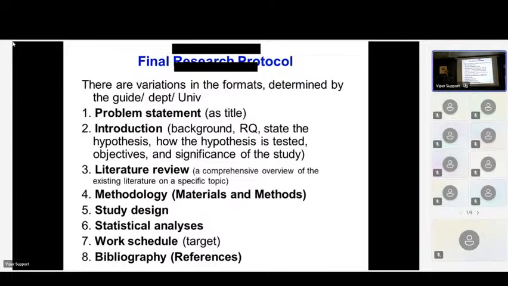The same thing will carry forward in your published papers also, where you put everything in the introduction, about 4 paragraphs, approximately a page. Then literature review, methodology, materials and methods, study design, the experimental study design. Based upon this design, you put the statistical analysis. Then work schedule, bibliography, references part.